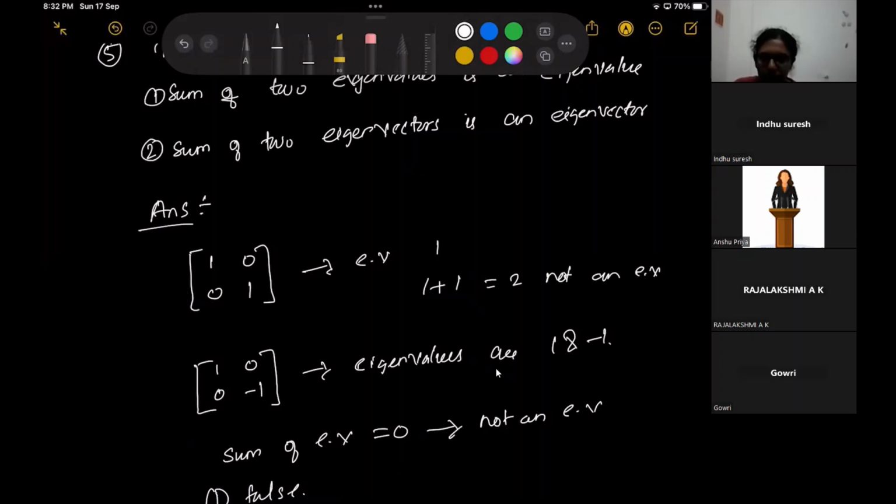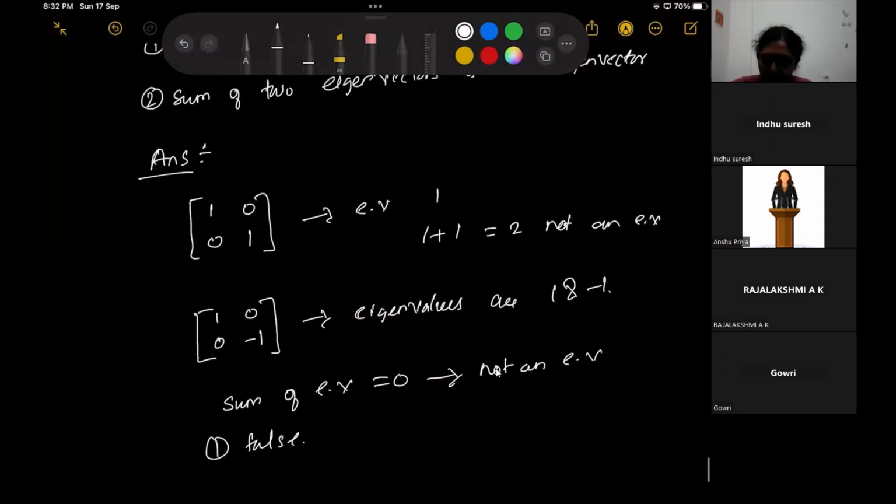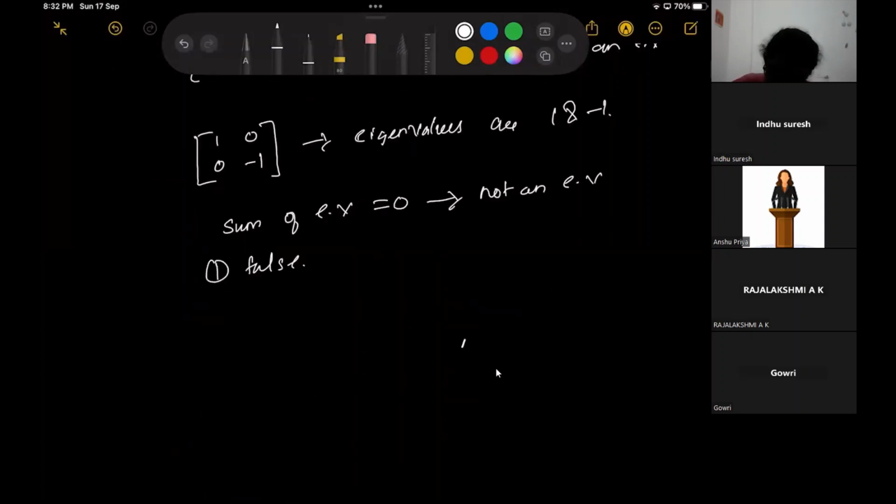Sum of two eigenvectors, whether it will be an eigenvector or not. Actually, if we are taking the eigenvector corresponding to, okay, that I will give you as some exercise. Before that, here we will go with the same example. First case, we will take lambda 1 equal to 1.